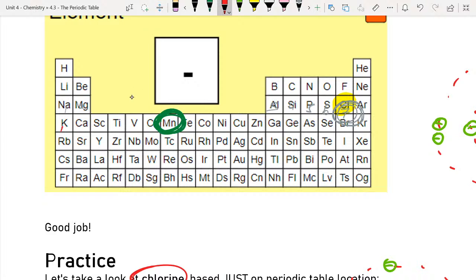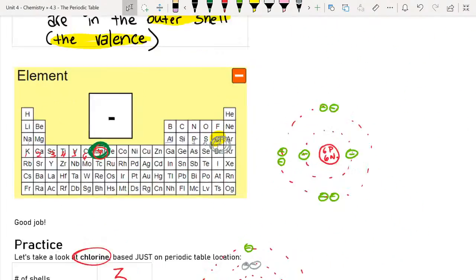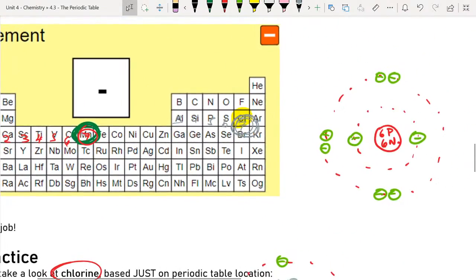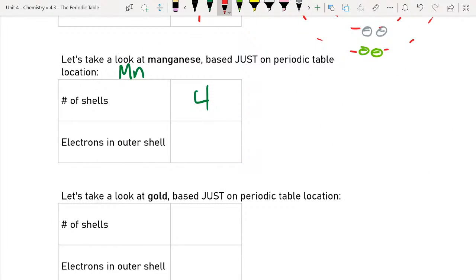That was lazy of me. 1, 2, 3, 4, 5, 6, 7. By the way, I picked that number twice in a row to show you that they don't necessarily have to be in line with each other to have that same number of electrons, because different size shells. So this has 7 electrons in its outer shell.